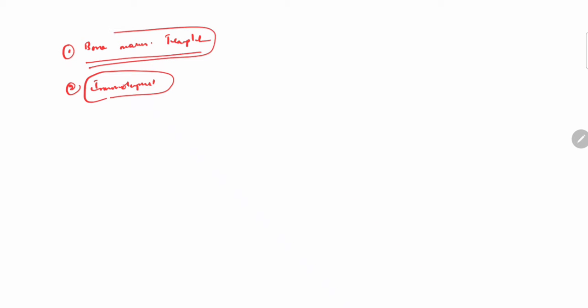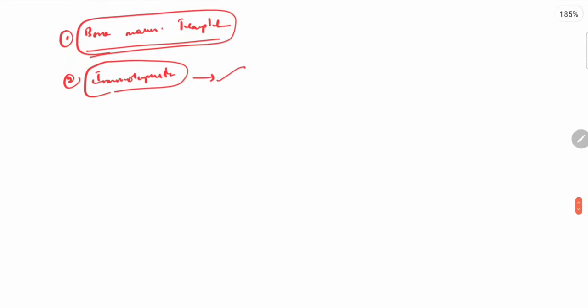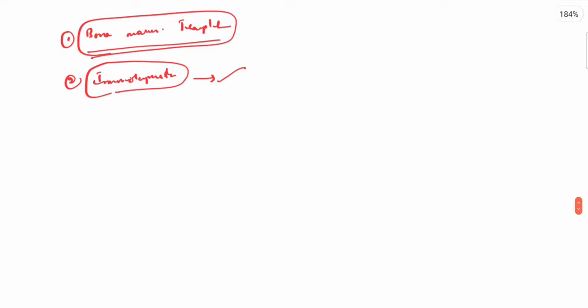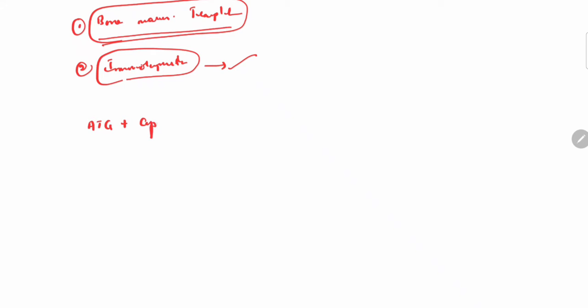In adult patients, immunosuppression is the better one. So what is immunosuppression? Immunosuppression is a combination of anti-thymocyte globulin plus cyclosporin.